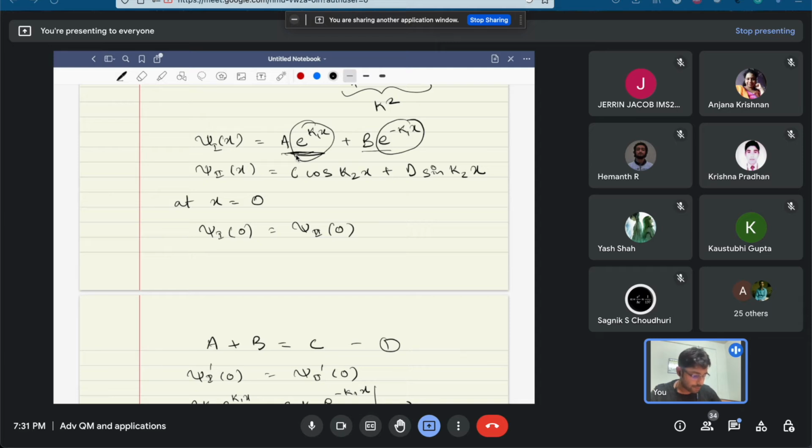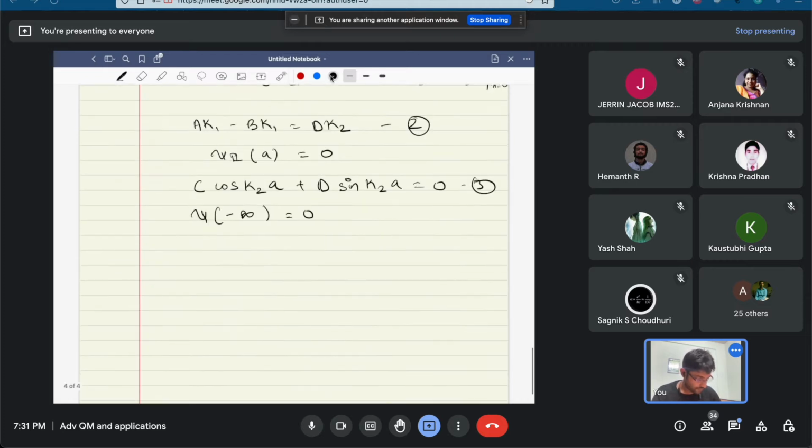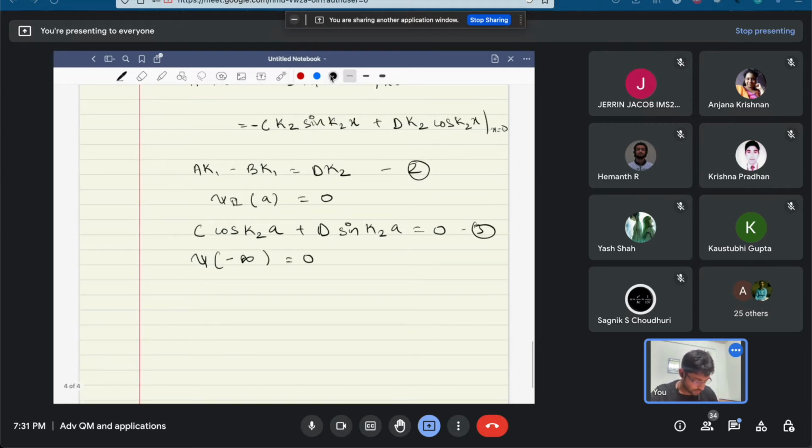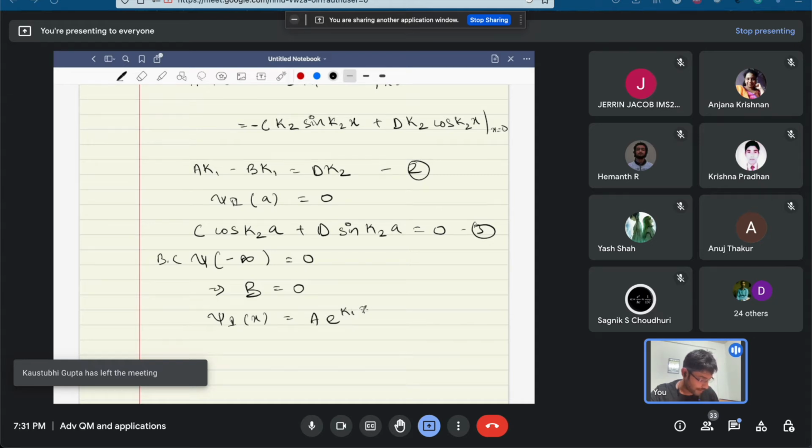So that means this B will be made 0. From this boundary condition what we obtain is B should be equal to 0, and psi 1 of x is only A e to the power k1 x.